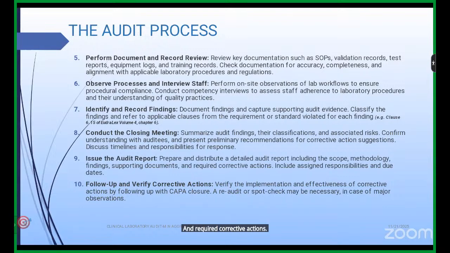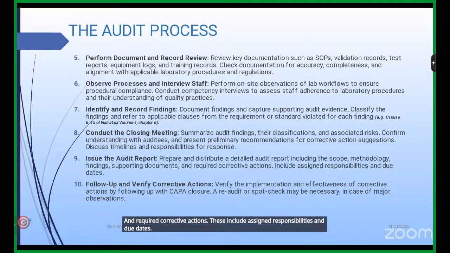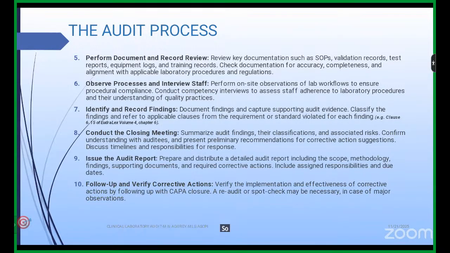These include assigned responsibilities and due dates. So they also give directives on what needs to be done and when, up to this and this timelines. And also all supporting documents on the audit findings are put there.